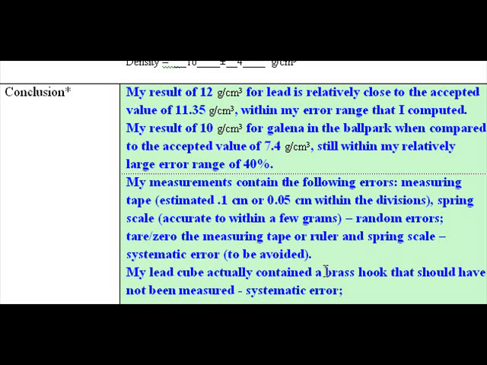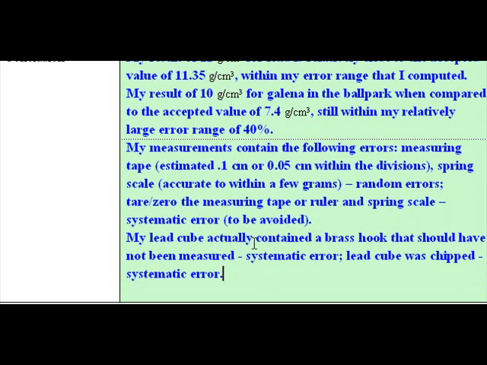Then I definitely saw that my lead cube, actually lead is relatively soft, was chipped. So the lead cube was chipped, and because of that, the volume that I measured was perhaps a little bit larger than what it should have been. And in this case, I really couldn't avoid that, but I have to note it down. And that is what I would expect in a conclusion.